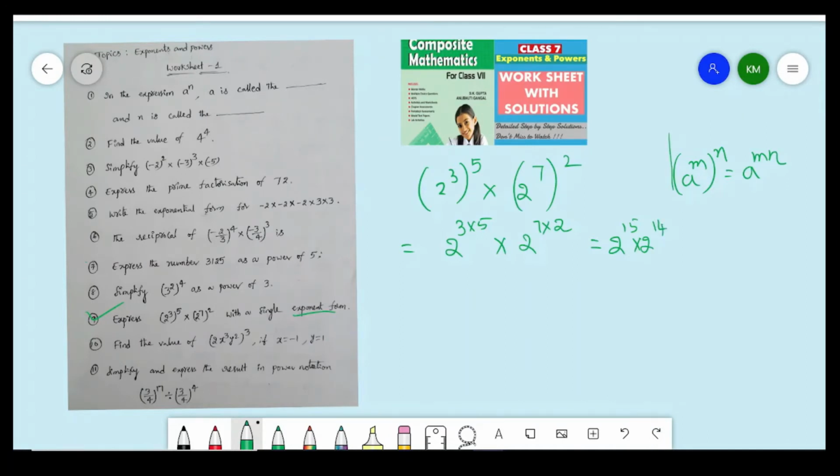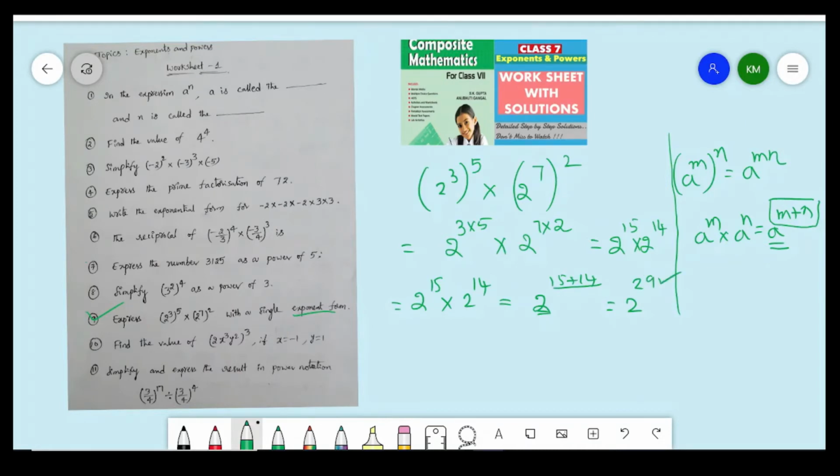Again there is a formula with us: a^m multiplied by a^n is always equal to a^(m+n), where m+n is the power and a is the base. So here 2^15 multiplied by 2^14 is equal to 2^(15+14), the base is 2 and 15 plus 14 is nothing but 2^29.